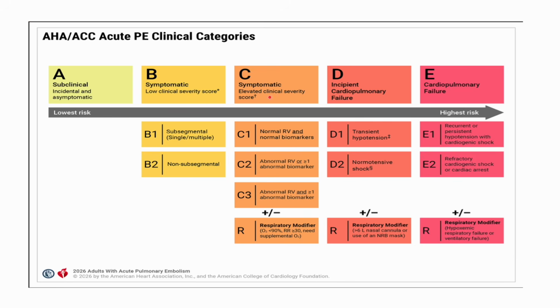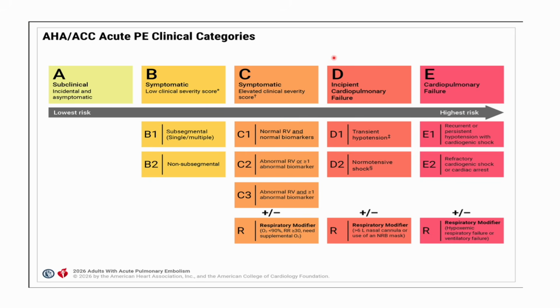So, here echo is very, very important. Here we talk about C1 as patients with normal right ventricle and normal biomarkers, C2 as abnormal right ventricle or more than one abnormal biomarker, and C3 as abnormal RV and more than one abnormal biomarker, plus or minus the respiratory modifier.